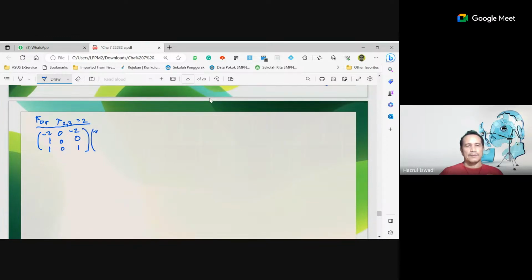This will be x1, x2, and x3, equal to 0, 0, 0. Again, we have minus 2, 0, minus 2, 0, 1, 0, 0, 0, 1, 0, 1, 0.